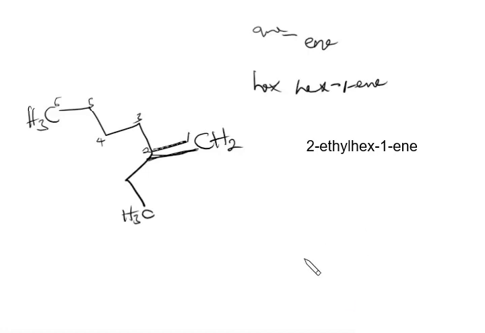So rule number 2 says the parent chain is numbered in such a way that the lowest number is allocated to the unsaturated carbon. So the name of the above compound is 2-ethylhex-1-ene, because the double bond is attached here at carbon 1.